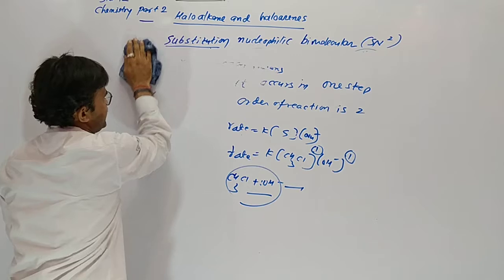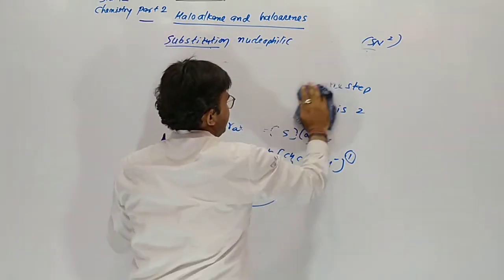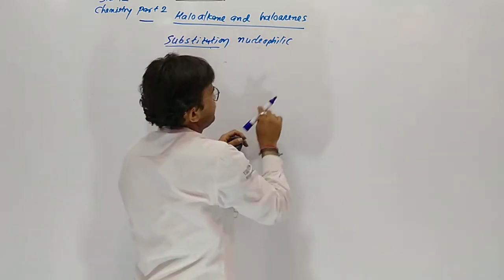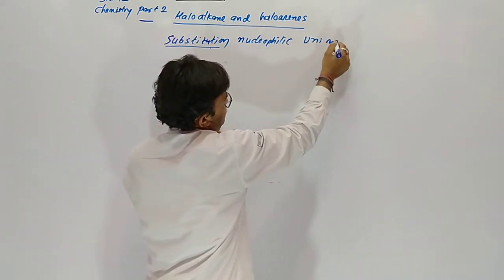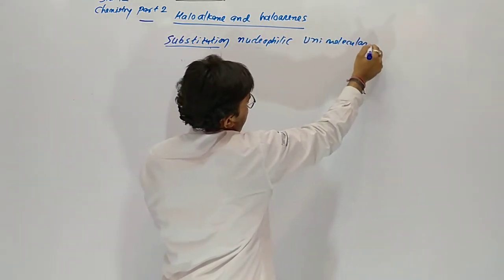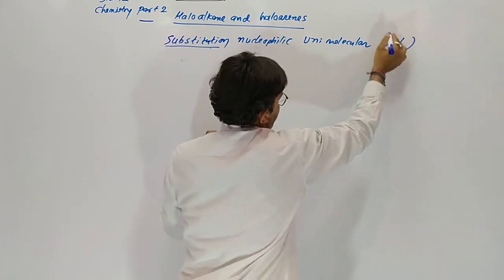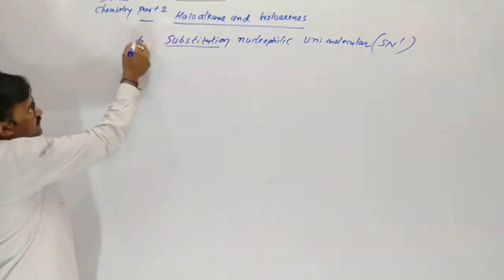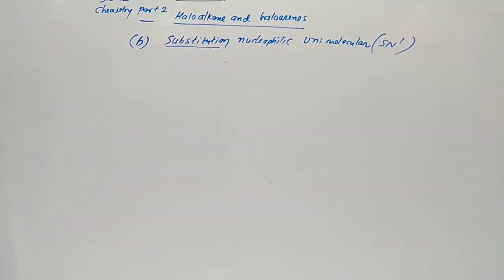Now substitution nucleophilic unimolecular. Uni means one. Unimolecular means SN1. Now the second mechanism, SN1 reaction, where 1 means order of reaction is 1.